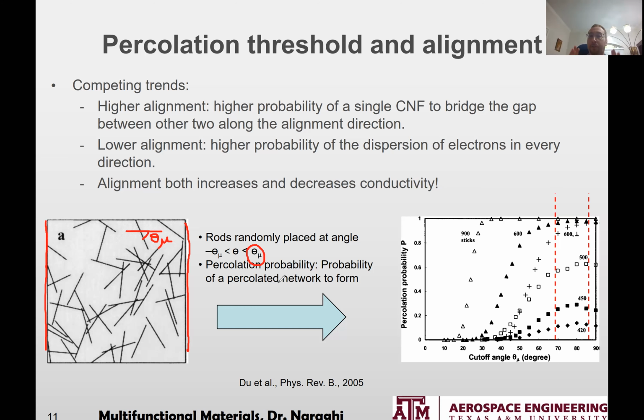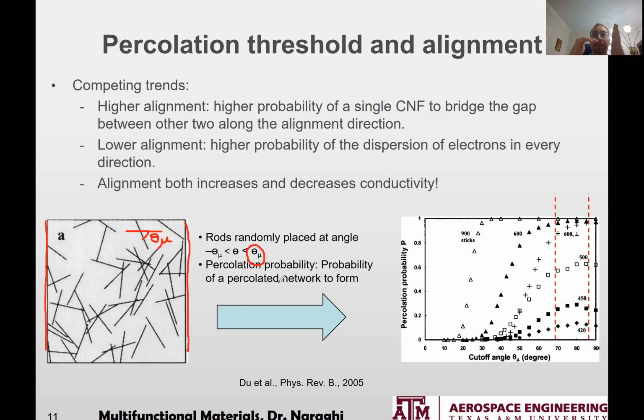In each case, for each value of theta mu, they randomly placed n number of particles inside this box. The location of each particle is chosen randomly. The orientation of each particle is also chosen randomly, between plus and minus theta mu.